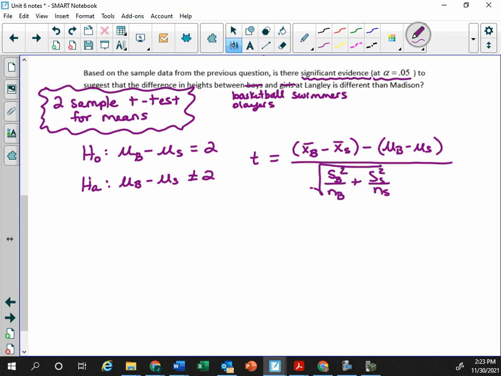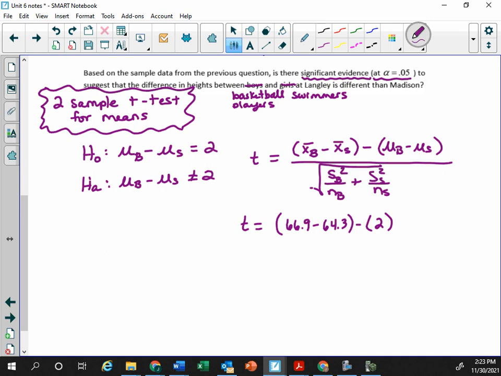All right, so we know what all of the pieces are. So x bar sub b, we had it up above, was 66.9, minus the swimmer average is 64.3, minus the mu. We know the difference that we're talking about here is 2, right? Mu sub b minus mu sub s.